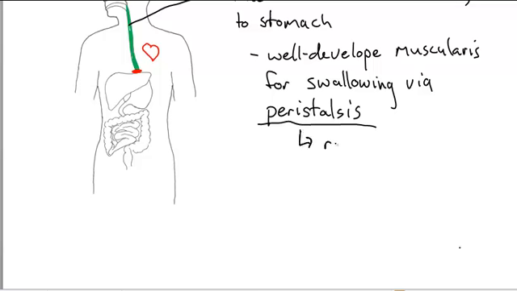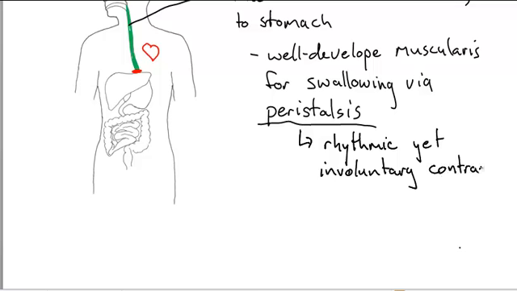Peristalsis is simply the rhythmic yet involuntary contractions that move food through the digestive system. Once they start, we don't control them.